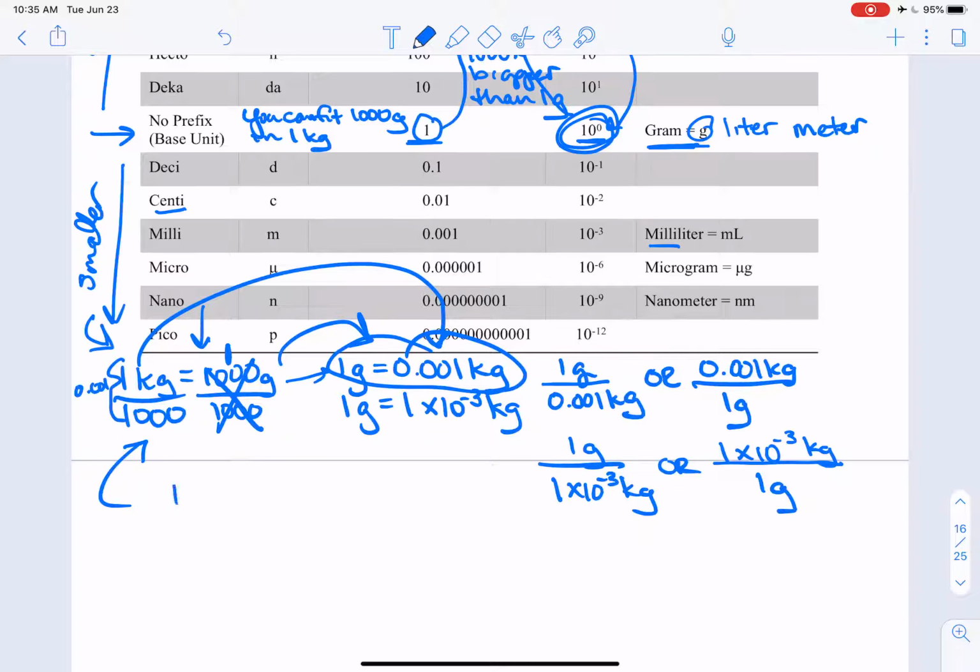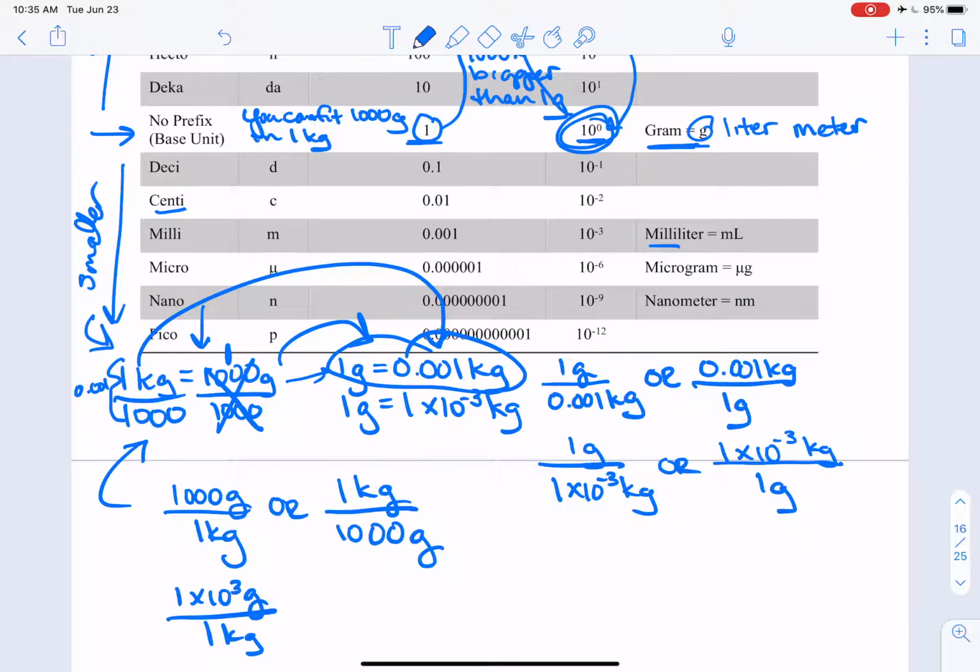We can say that there are 1,000 grams for every 1 kilogram, or 1 kilogram per every 1,000 grams. And if you wanted to write that in scientific notation, you could do that also. So 1,000 is the same as 1 times 10 to the third grams per every 1 kilogram. Or per every 1 kilogram, you have 1 times 10 to the third grams.